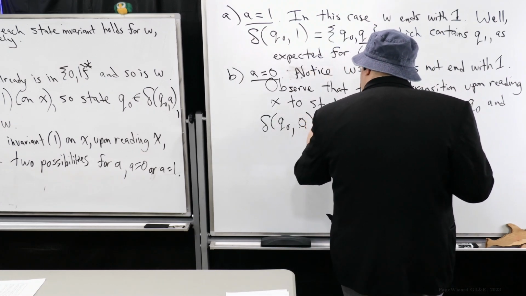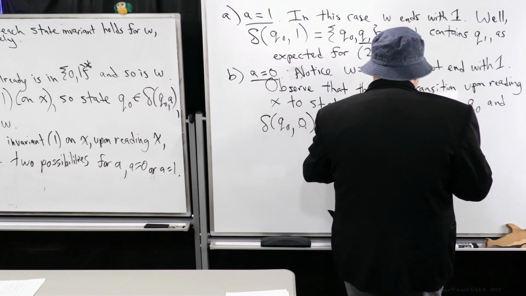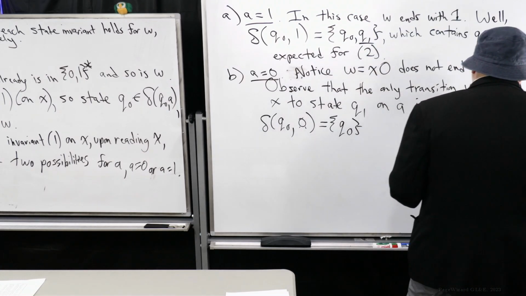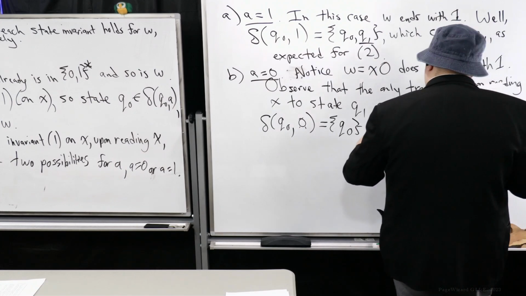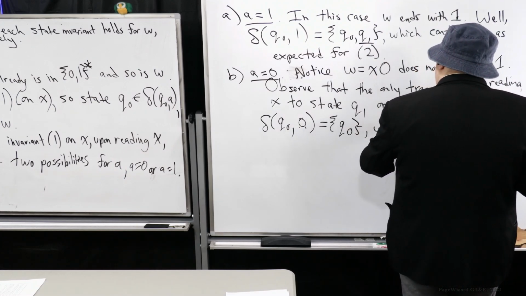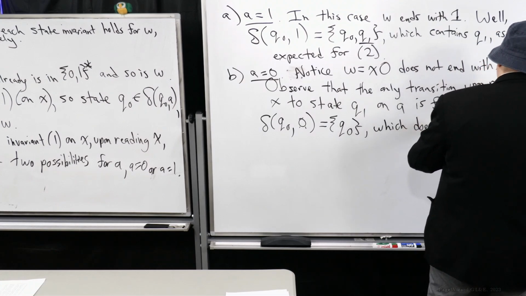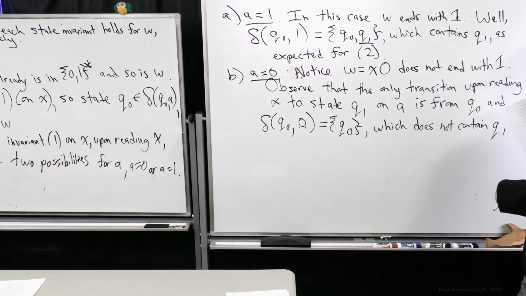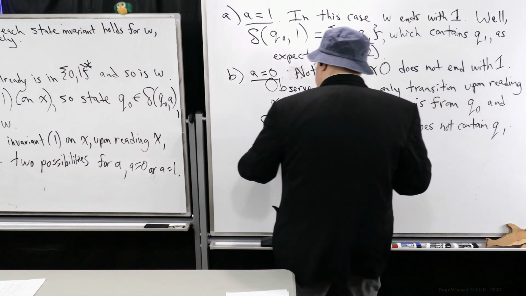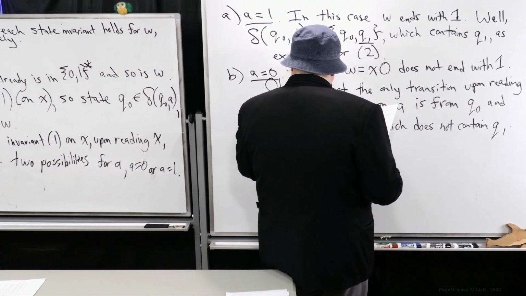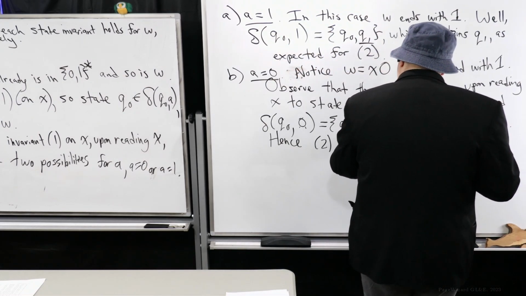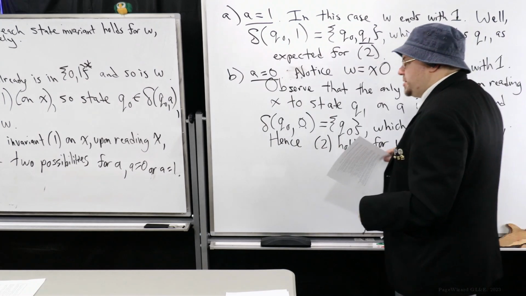So Q0 on 0 is in fact just going to only contain the state Q0, which does not contain Q1. Hence 2 has to hold. Hence 2 holds for W.